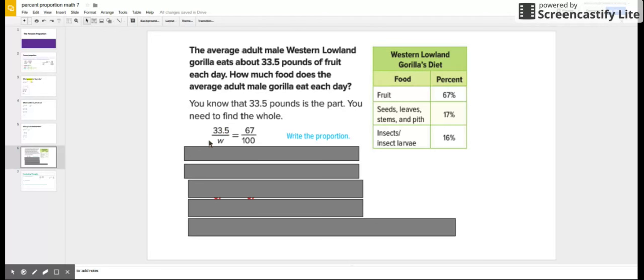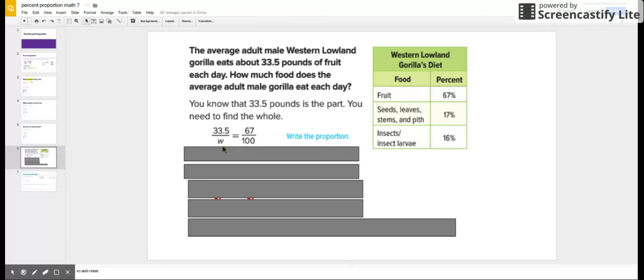We don't know how many pounds he eats total, but we know that the fruit is 67% out of 100. So this is how we're going to set up our proportion. If you add up all these numbers, they equal 100%. So we're trying to find out how many pounds the total is.